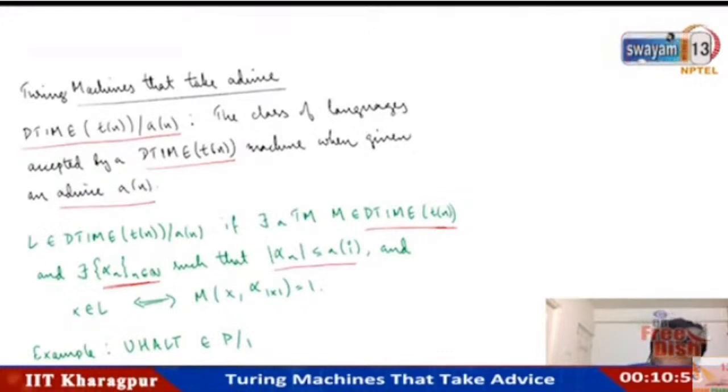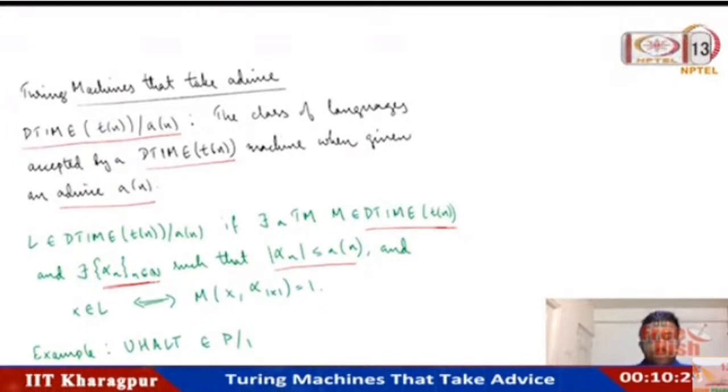Okay, so this is a typo, this should be A(n), where A(n) is some function, it could be polynomial, exponential, logarithmic, whatever. So the α_n is the advice string, and the length of the advice string should not be more than A(n). So this is the definition of a Turing machine that takes advice.